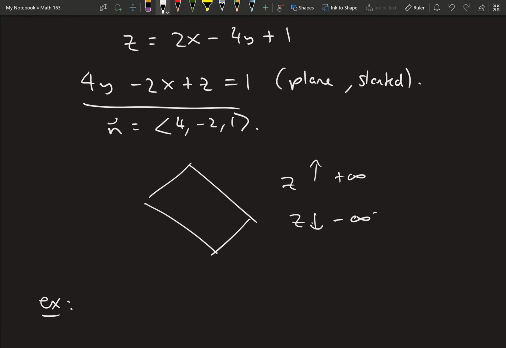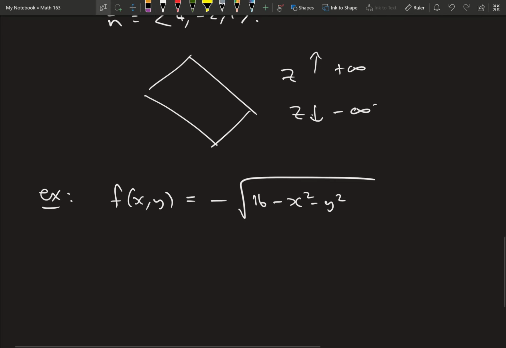Let's do an example which is just a bit more involved. So let's take the negative square root of 16 minus x squared minus y squared. The first thing you want to do is identify this surface. In chapter 12, we identified several surfaces. So let's write this as z is equal to negative square root of 16 minus x squared minus y squared.